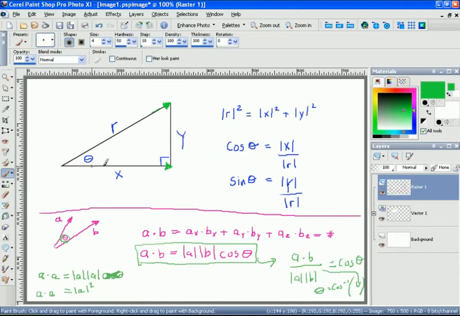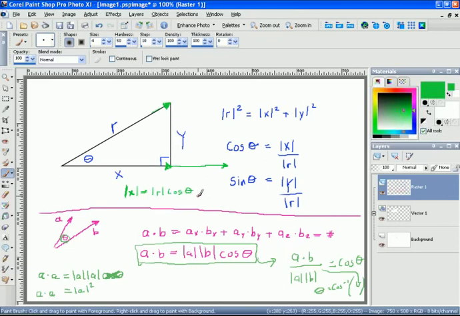So if we had a longer vector all the way out to here, we could say that the projection of r onto this horizontal plane is equal to x, which we can calculate using these formulas here. The magnitude of x is equal to the magnitude of r times cosine of our angle.